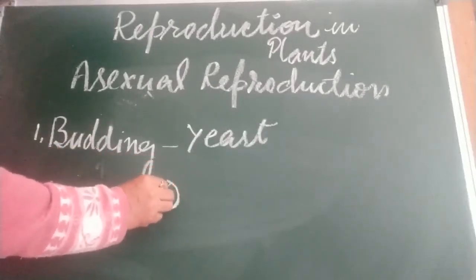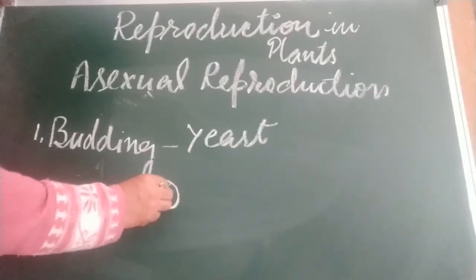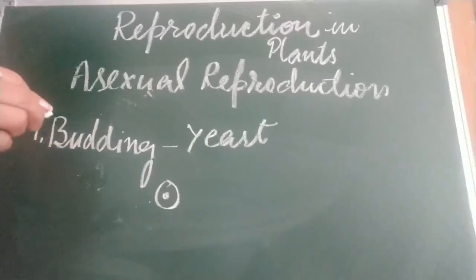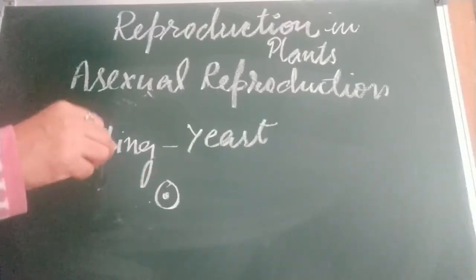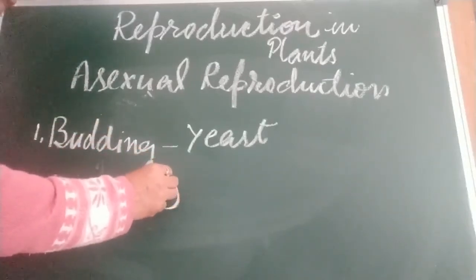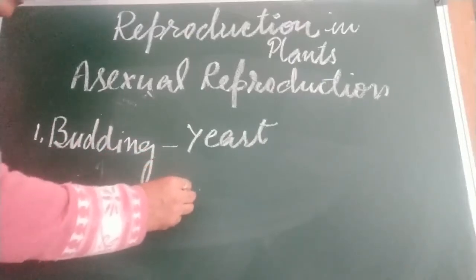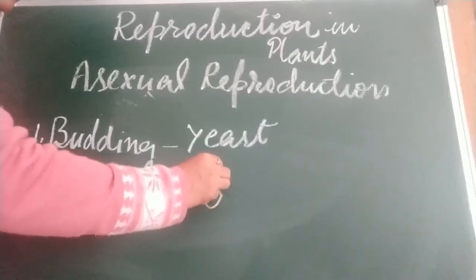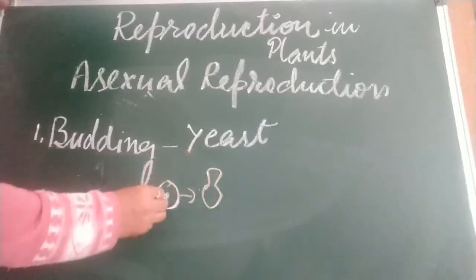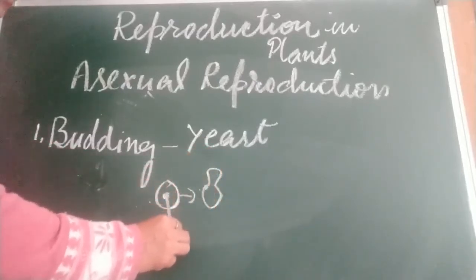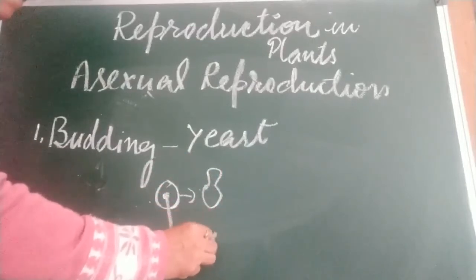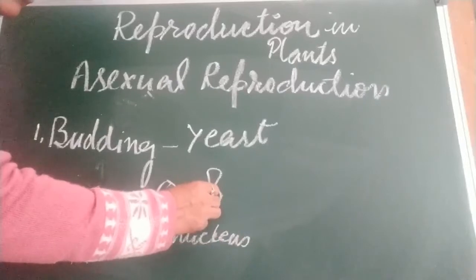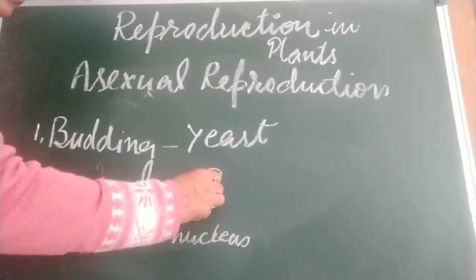Like this is yeast. We can see this. Children, you can do the activity. If you want to observe budding in the yeast, first I am going to tell you what budding is. This is yeast. When it gets favorable conditions, outgrowth takes place. And this is its nucleus. This also starts dividing.